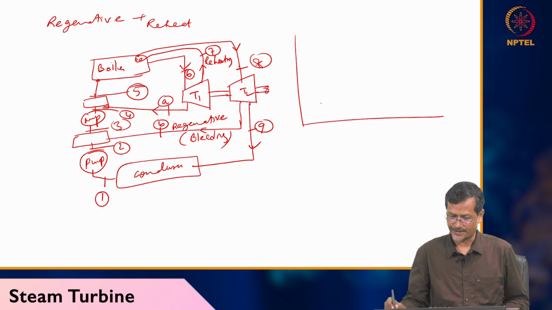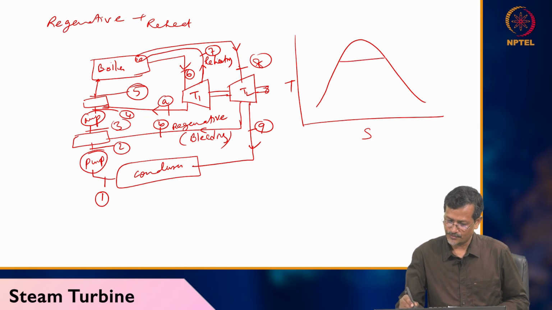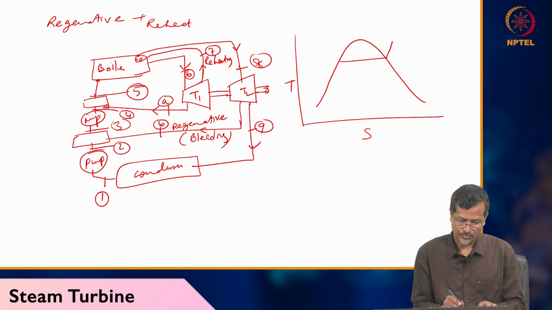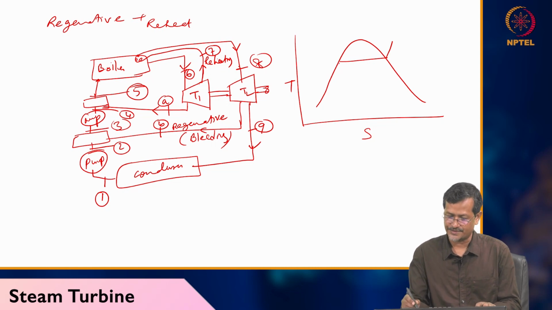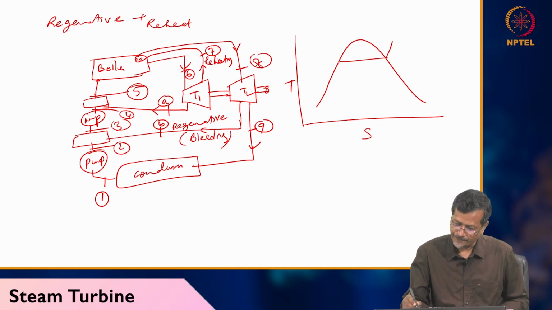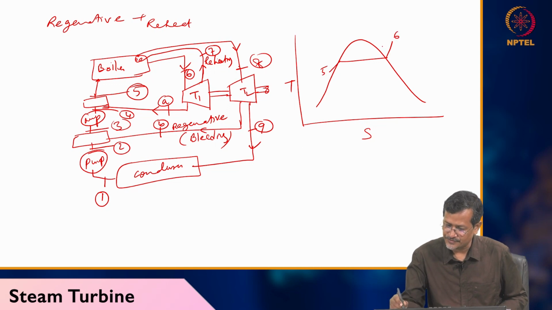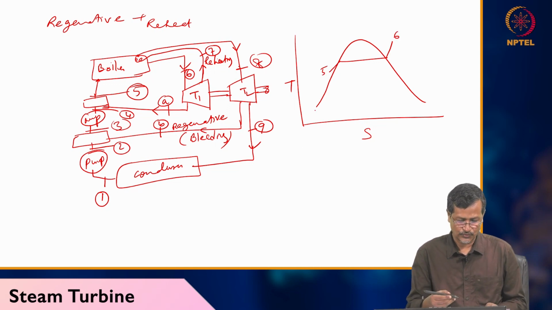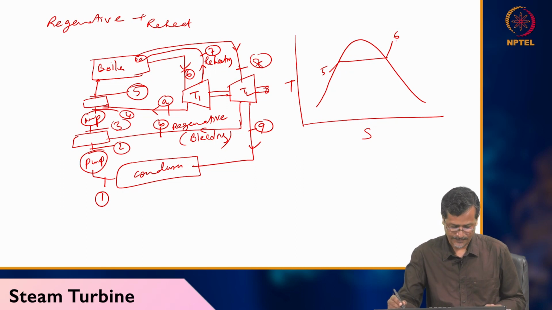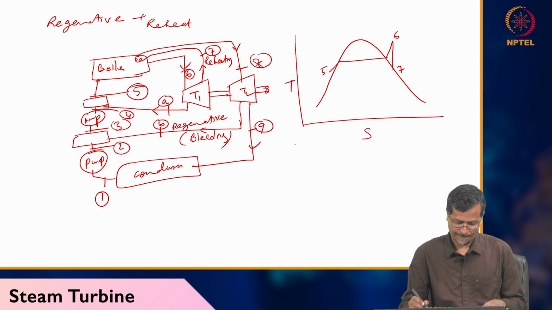So now draw the TS diagram. When drawing the TS diagram, first you draw the vapor envelope. Now you see 5 to 6, before the boiler and after the boiler. So 5 means you have to come here, 5 to 6 here, 6 to 7 happening like this, after the turbine, so 7.